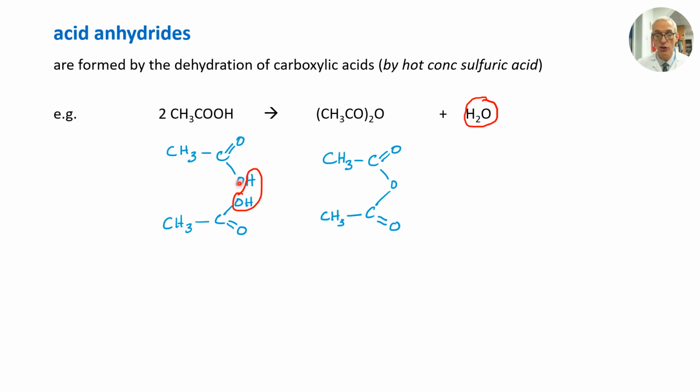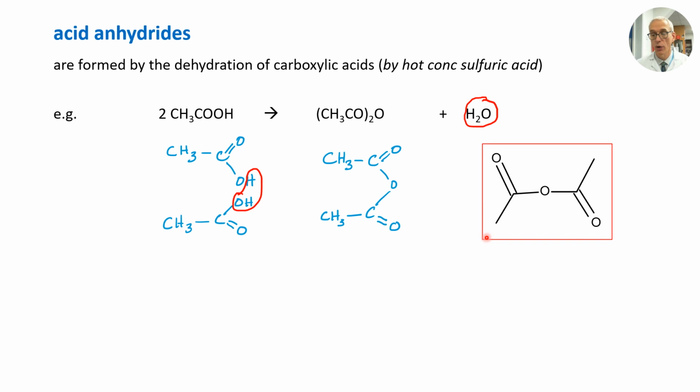So this oxygen bonds to this carbon. So we have the ethanoic anhydride structure. Now, that may be drawn as a skeletal, which I've put inside a red box here. So carbon, carbon double bond oxygen, carbon single bond oxygen, oxygen single bond carbon. So there is ethanoic anhydride as a skeletal.